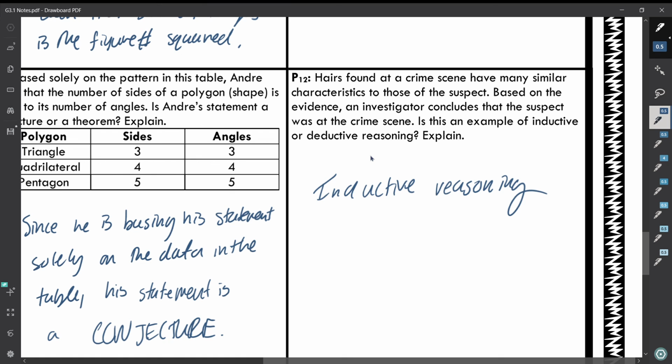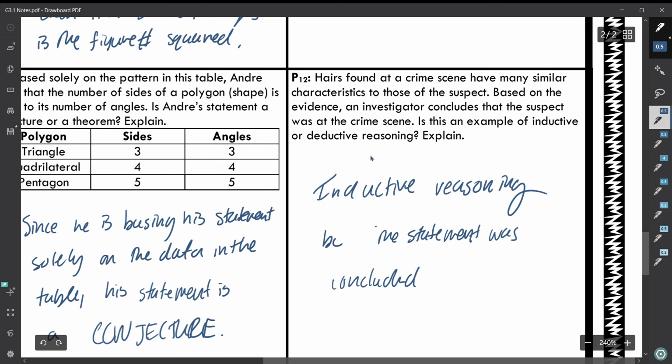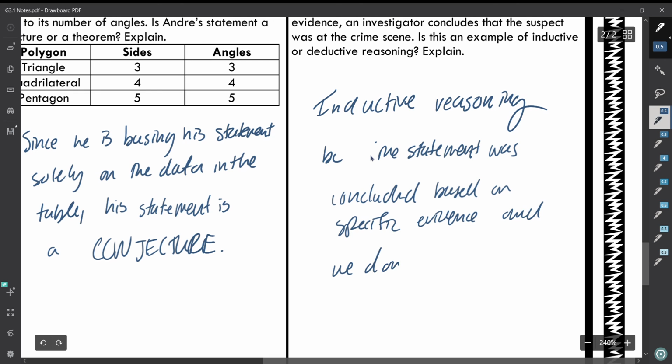And a lot of science stuff is very much inductive reasoning statements, because the statement was concluded based on specific evidence and we don't know that it's 100% true.